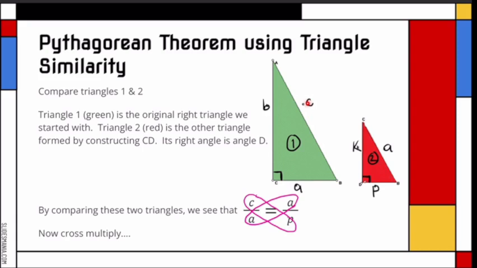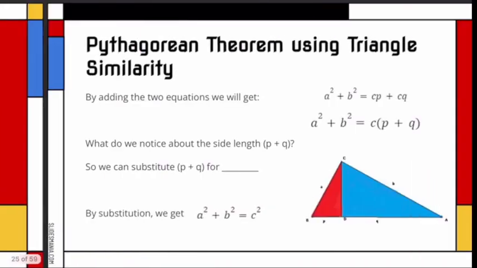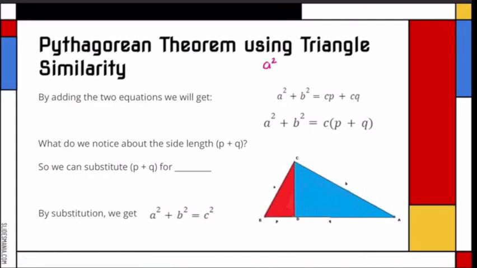From here, we're going to cross multiply again. In this example, we compared C and A. So C over A equals A over P. You cross multiply, you get that A squared equals CP. Over here, we had B squared equals CQ. So remember those two.